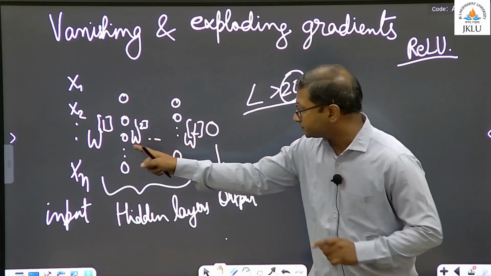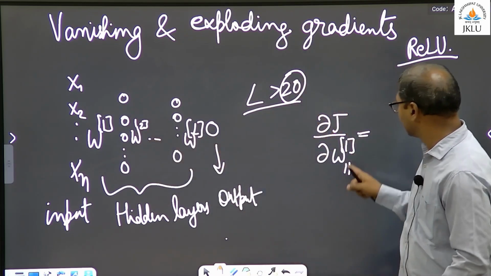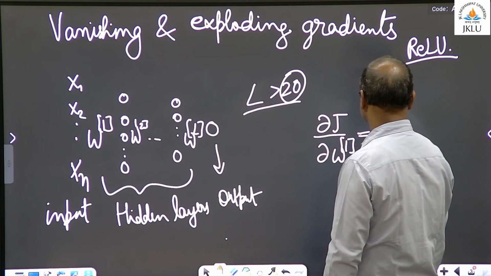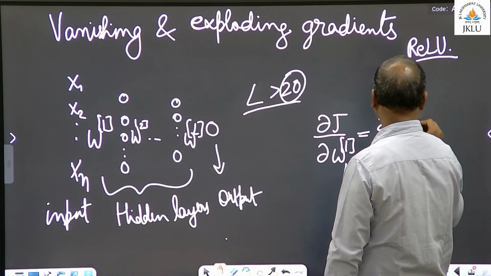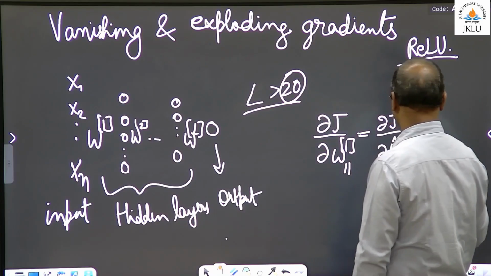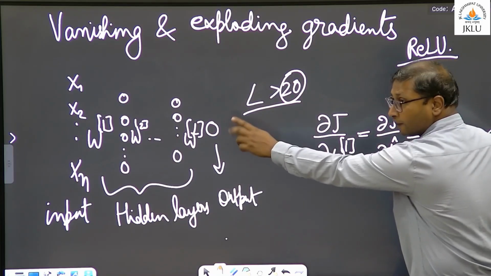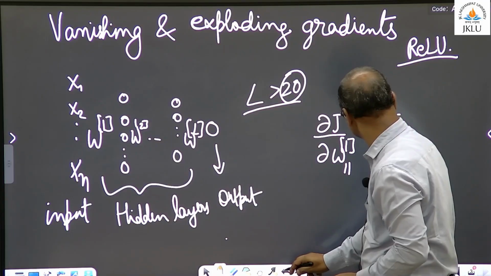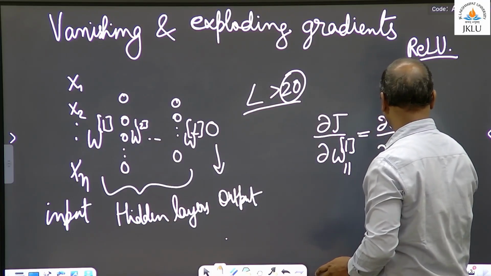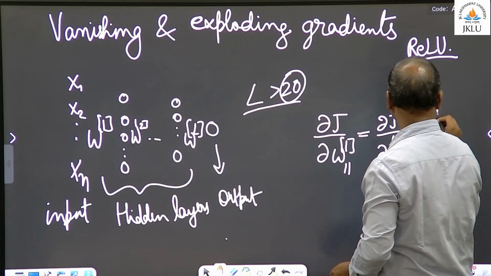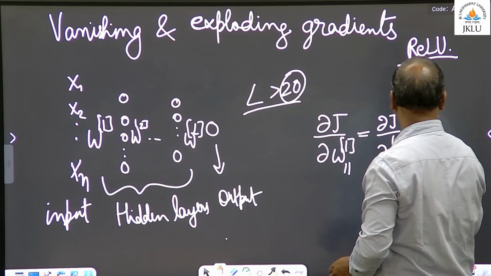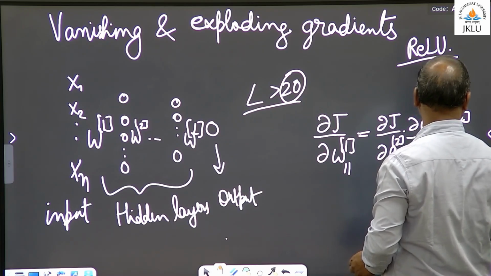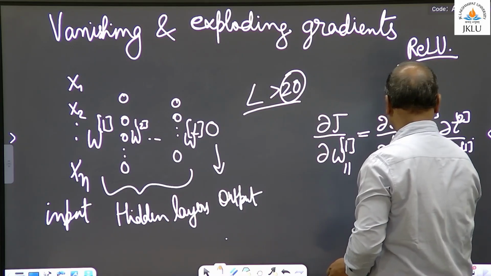So, if I have one hidden layer, how will this be written? Del j by del y hat by, so just one hidden layer, that means this is the second layer. So, this is my A2, so A2, del A2 by del Z2 by del A1, del A1.